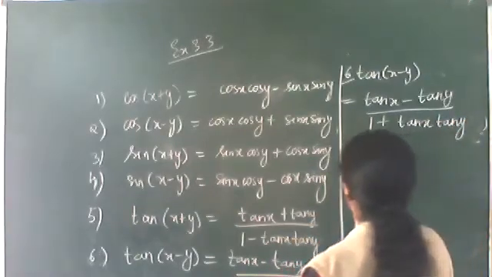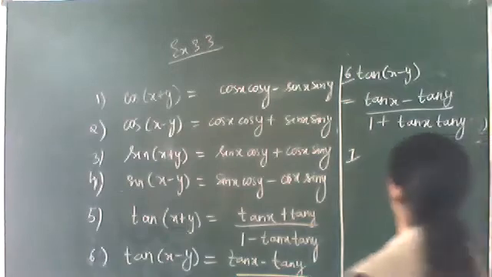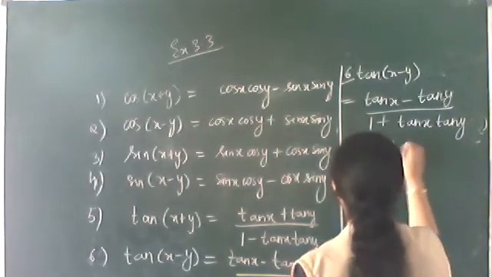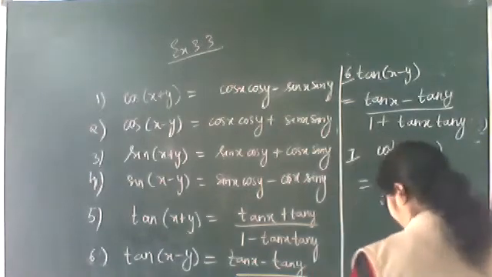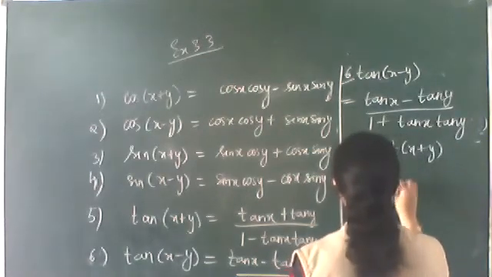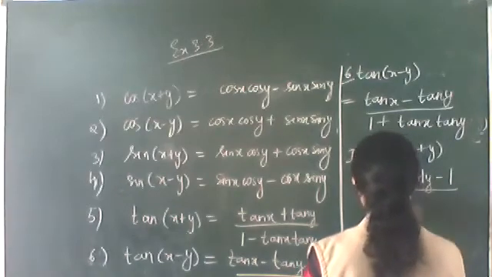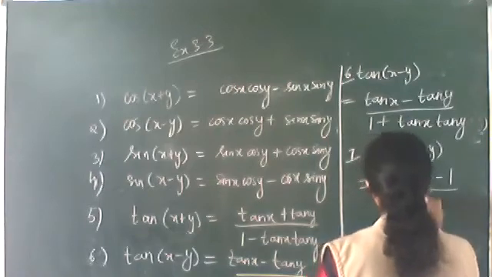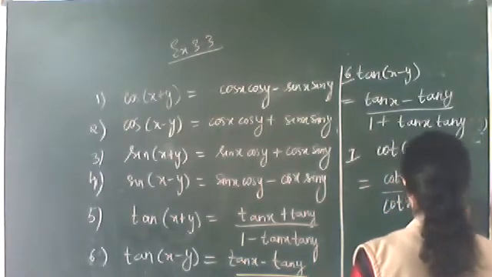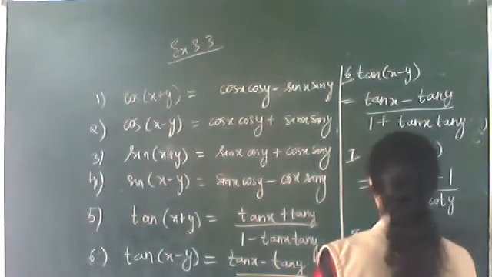Clear? Then seventh formula is cot of x plus y and cot of x minus y. Cot of x plus y is equal to cot x cot y minus 1 upon cot x plus cot y. Same way, next formula is cot of x minus y.